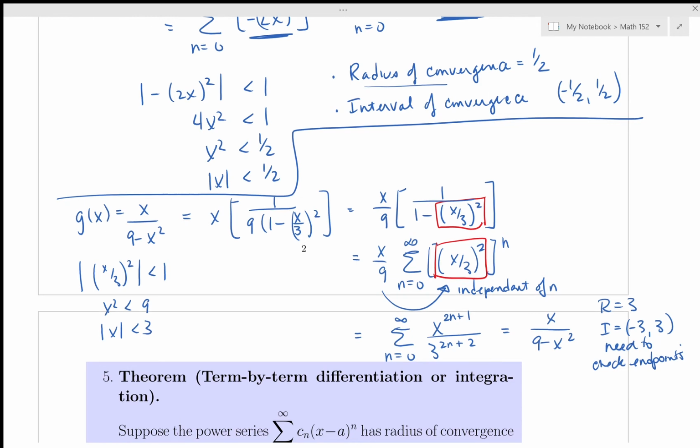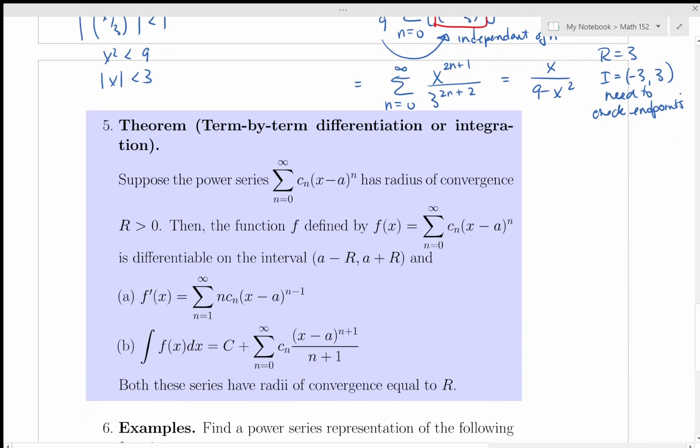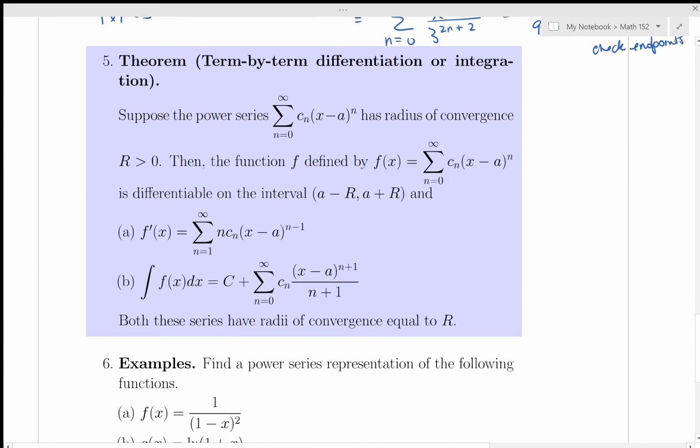And what else we can do is take a power series. This is the general form of a power series here, and it will have some radius of convergence.